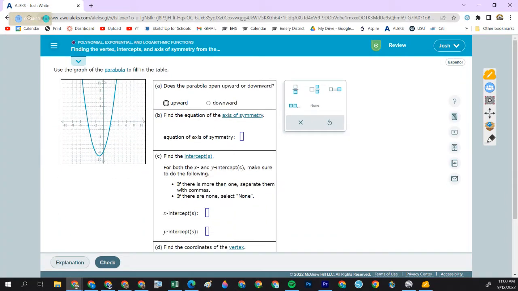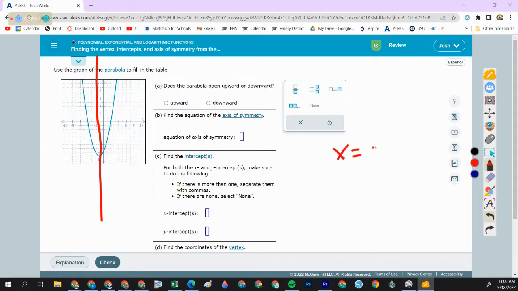Okay, here they give you a parabola and they ask, does it open up or down? Well, that's hard. Find the axis of symmetry. That wants to know, what line can I draw to cut the parabola into two equal halves? What is the equation of that line? So x equals -1. How did you know it was an x equals equation instead of a y equals equation?